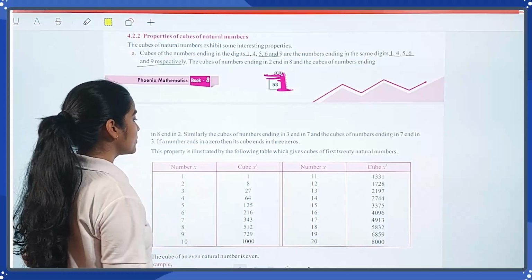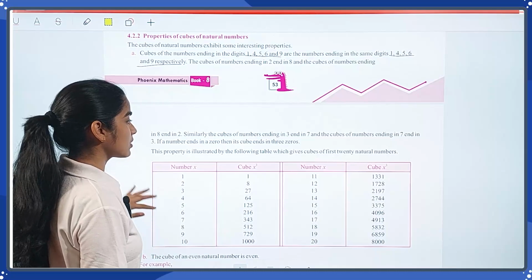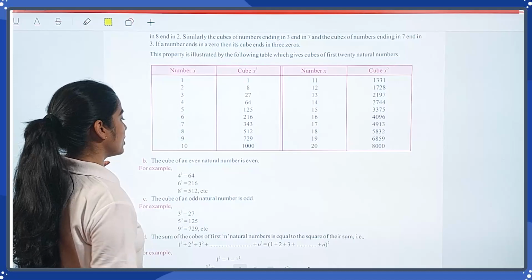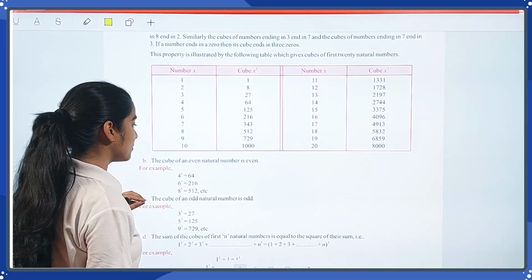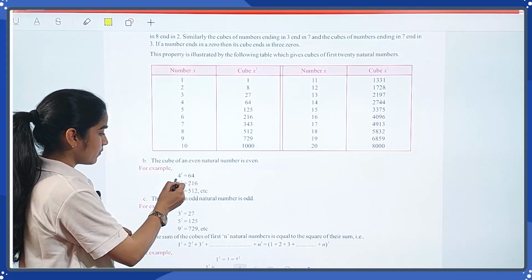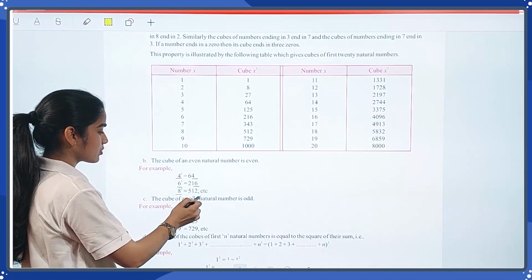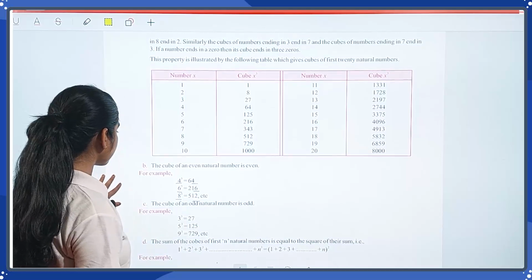Next, this property is illustrated by the following table which gives the cubes of the first 20 natural numbers. The cube of an even natural number is even. So look here. 4 cube ends with 4, 6 cube ends with 6, 8 cube ends with 2.